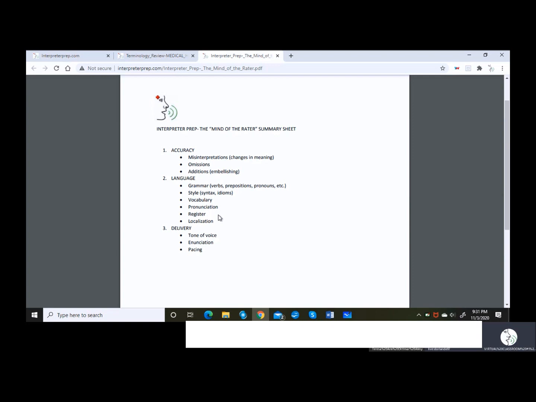So as long as you don't make up a word, you can use words from different countries and they will be accepted. It's not like you have to use Mexicanism or Central Americanism or whatever. No localization is expected, just general Spanish will do. There's not going to be a problem with that.